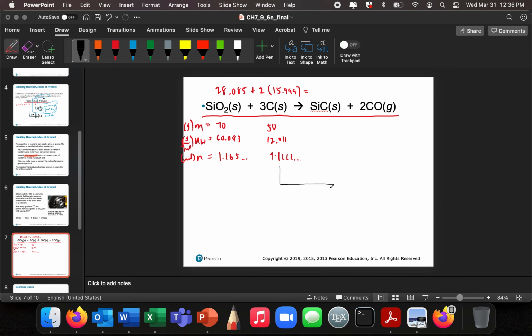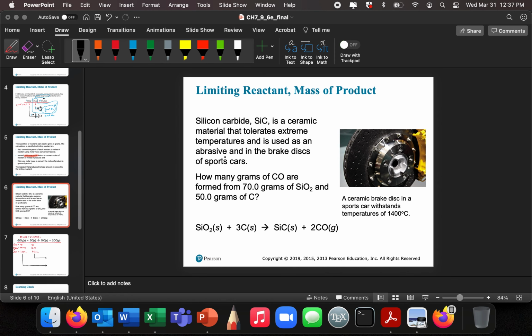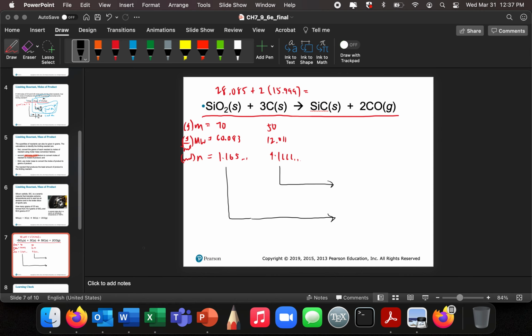The question is, how much of something else can I produce? I'm going to set up my 2 L's here and calculate. What was the question? How many grams of carbon monoxide are formed? So it's the carbon monoxide I'm looking for, and this is from silicon dioxide.